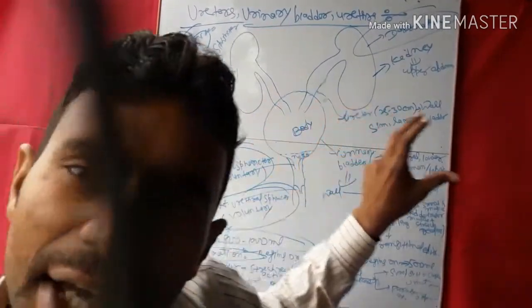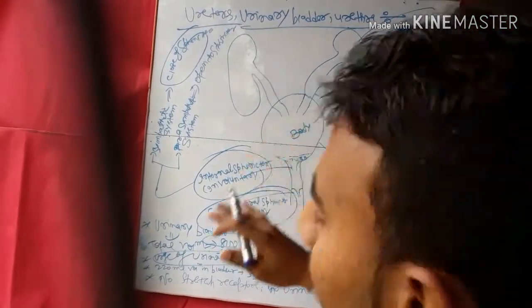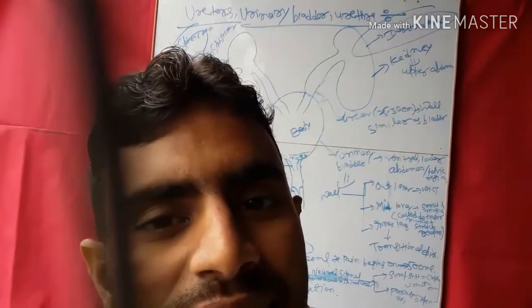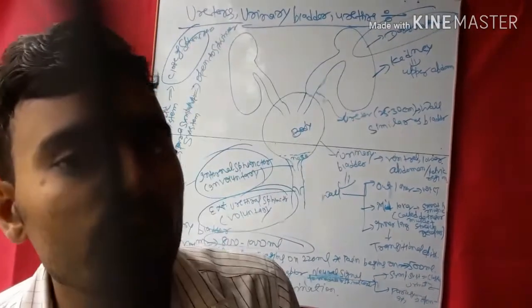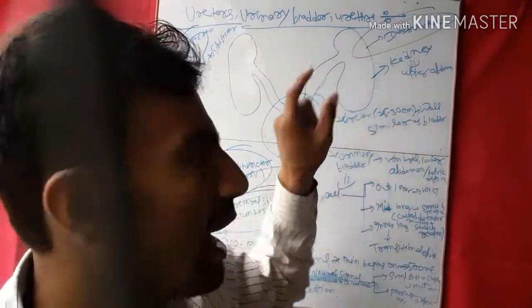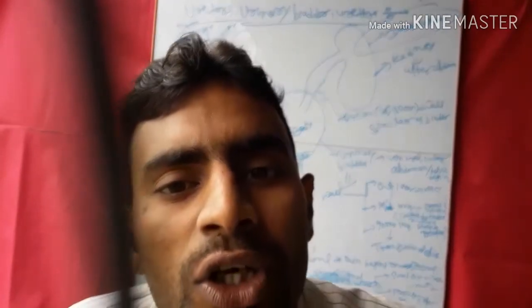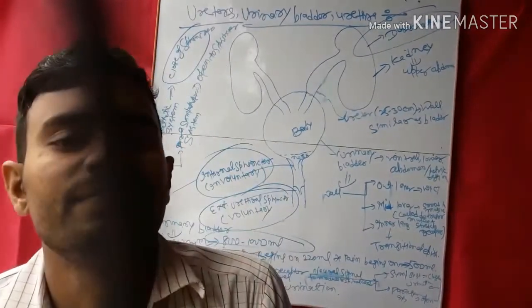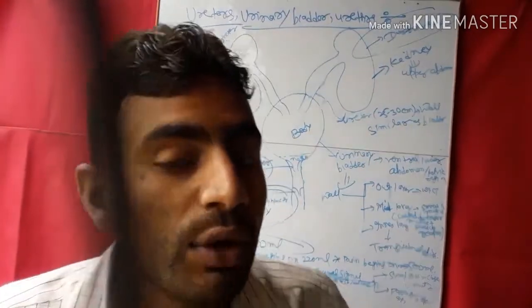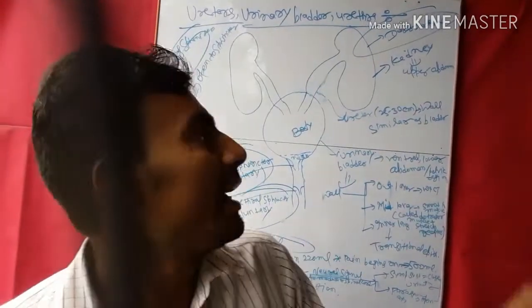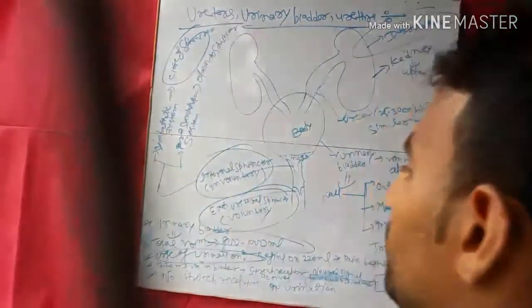You can see it here. The length of the ureter is 25 to 30 centimeter, and its wall is similar to the urinary bladder.